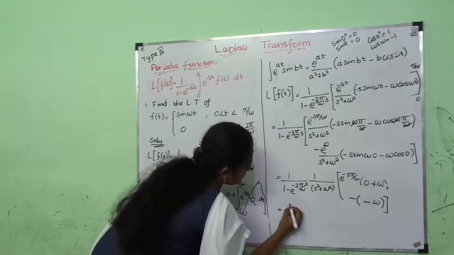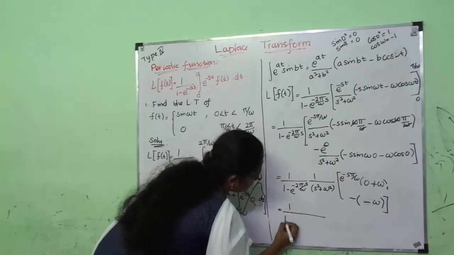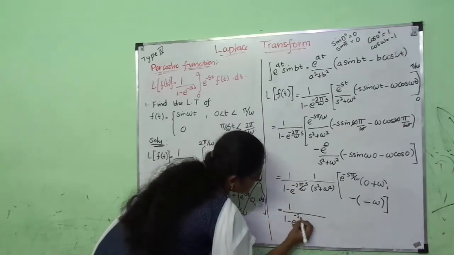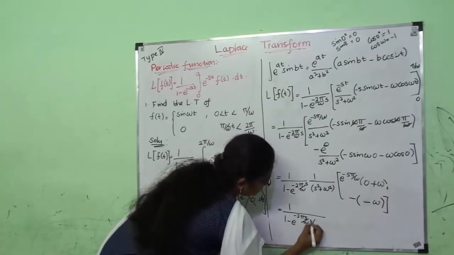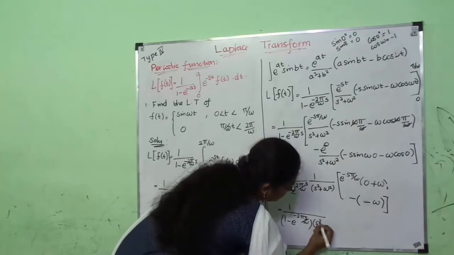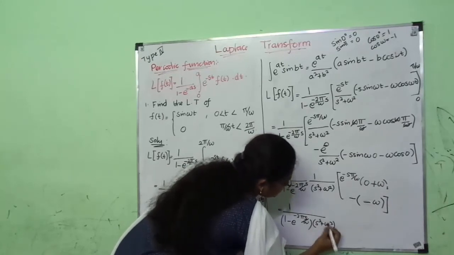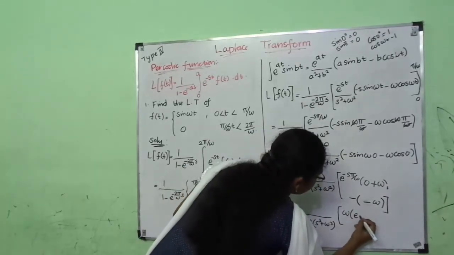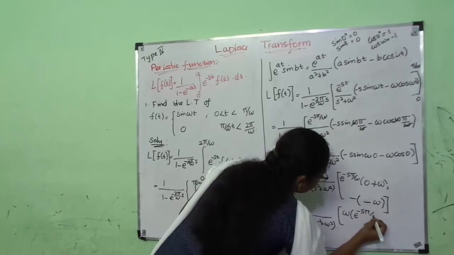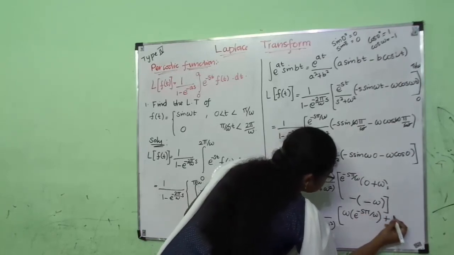So 1 by 1 minus e power minus 2 pi s by omega into s square plus omega square, into omega into e power minus s pi by omega plus omega.